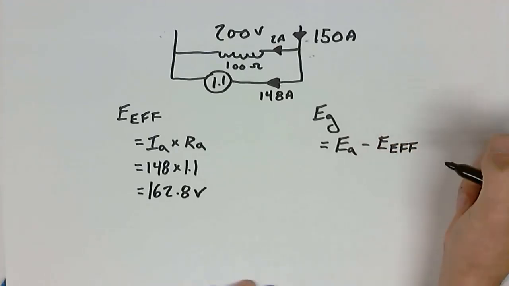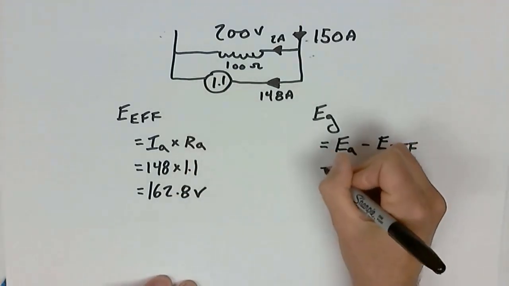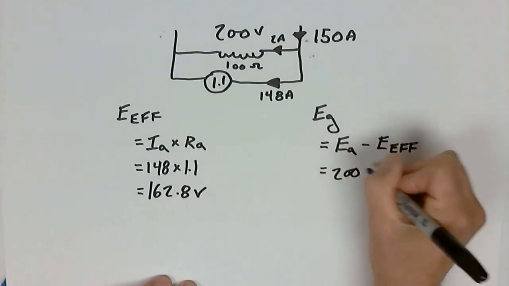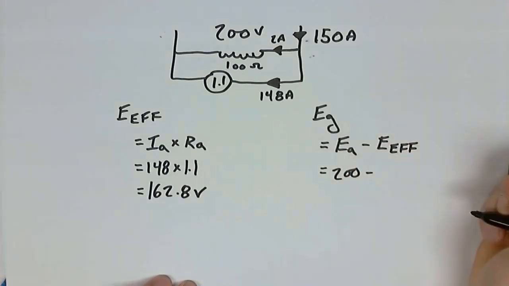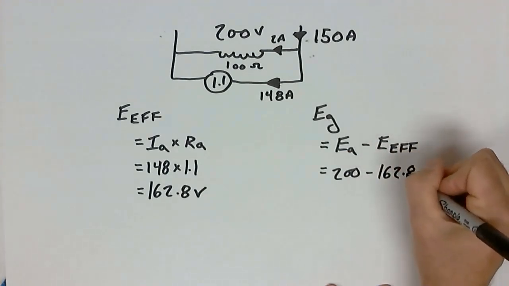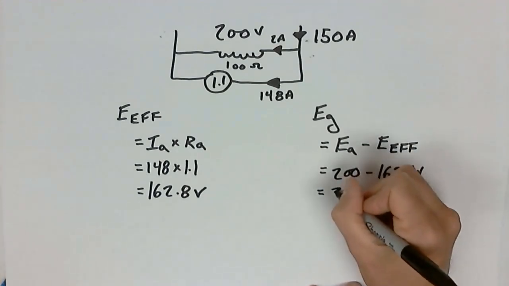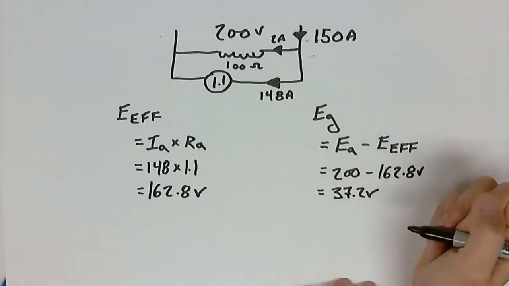EA is the voltage across the armature. That would be 200 volts minus the effective 162.8. So 200 minus 162.8 gives me 37.2 volts.